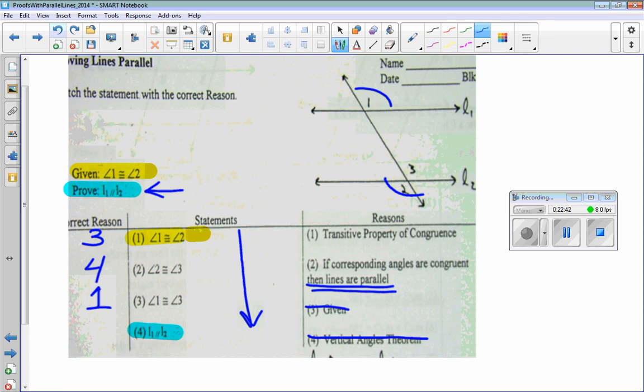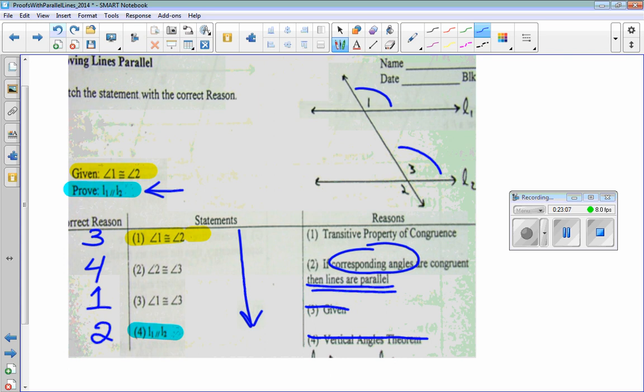I have 10 through 15, don't you? All of those end in, then the lines are parallel. So we have to make a decision, and this is multiple choice, so we know that the answer is 2. Are angles 1 and 3 corresponding angles? Yeah. So if corresponding angles are congruent, you just told me they are, then the lines are parallel.